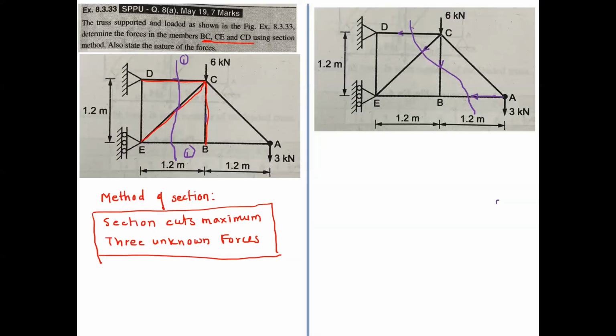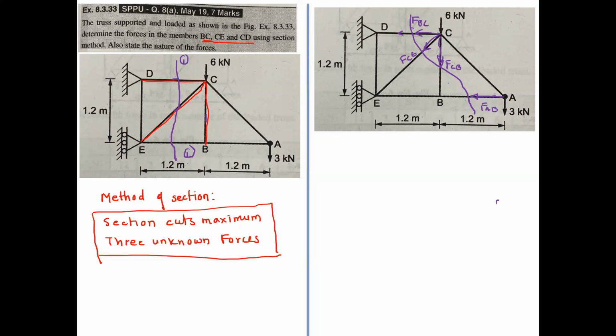There are 4 forces cut in the section. So this section cuts 4 members: F_BC, F_CE, F_CB, and F_AB.